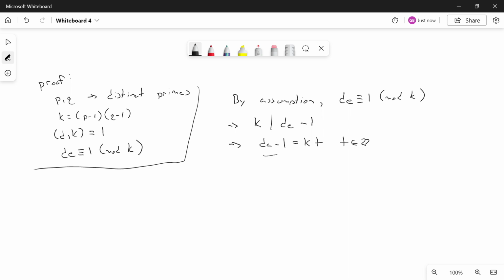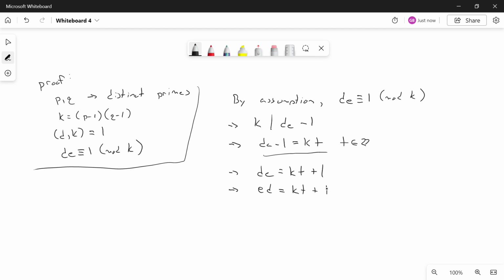So if I rearrange this and isolate for DE, moving the 1 to the other side, gives me KT plus 1. And we saw in the last class that the multiplication is commutative, so instead of DE, I could rewrite this as ED, again equal to KT plus 1.